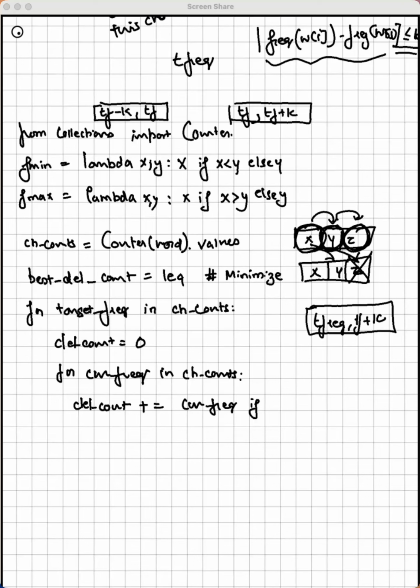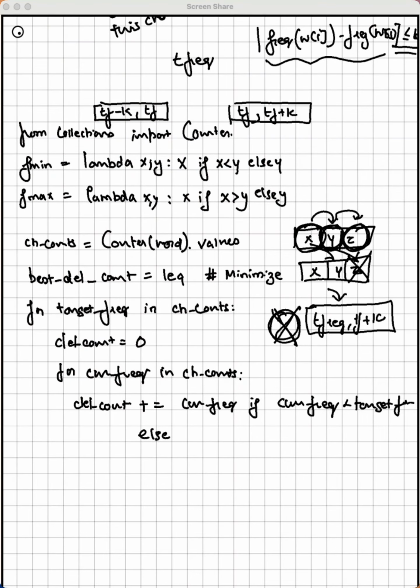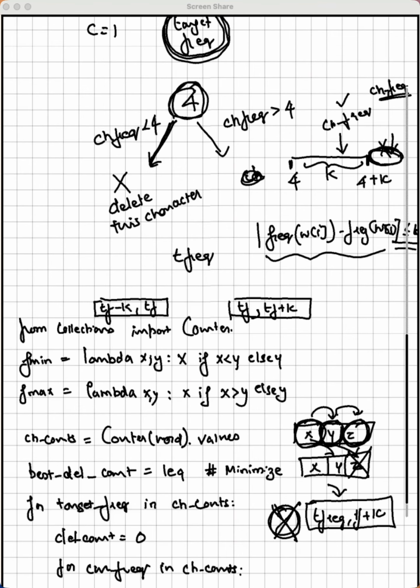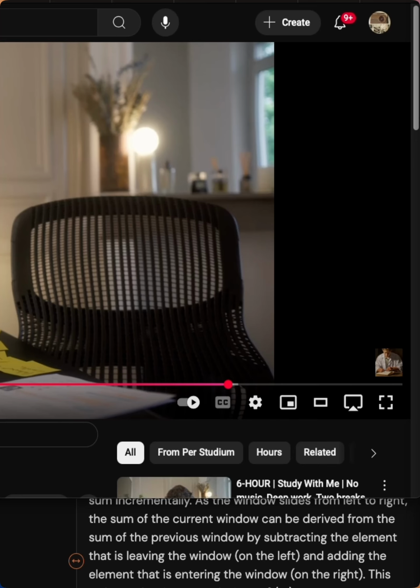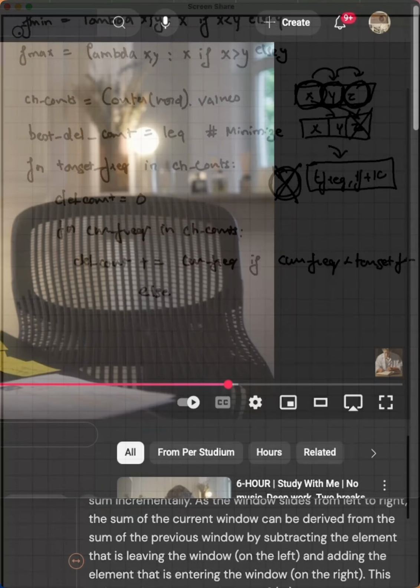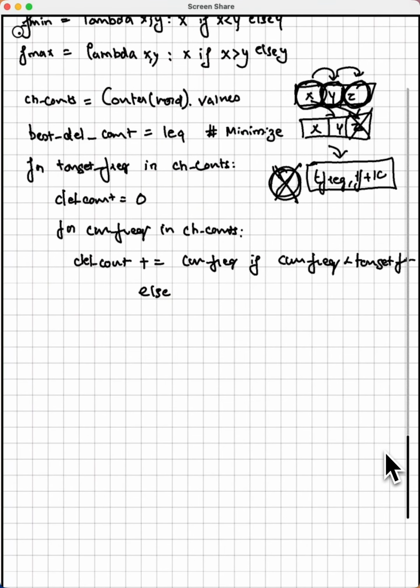If it is lesser than this, it is not in this range, so I will have to delete this. And if it is not lesser but greater, then we are looking at where it is. How many deletes do we need to make? If it is well within this range, I need 0 deletes. If it is greater, then I need to take the delta.